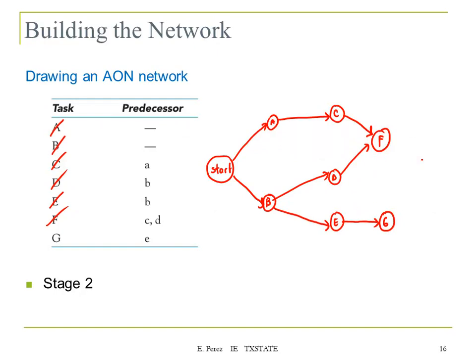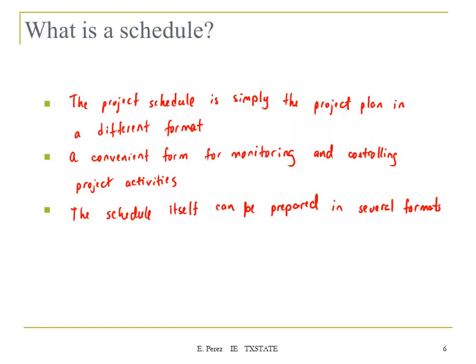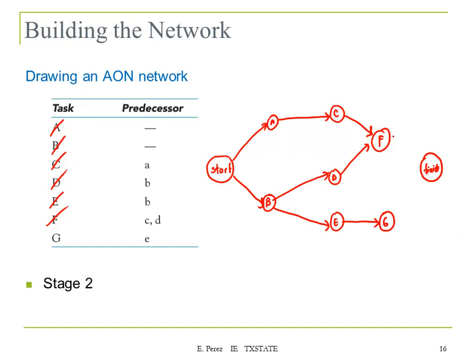And finally, we have finish. And you just created your first network. Okay, so we have 7 nodes, and we have the relationship between those tasks, and we can draw a network based on that.